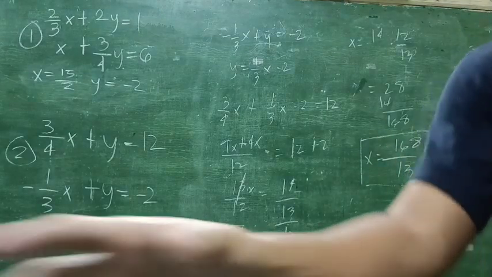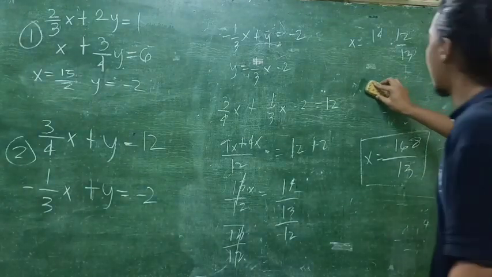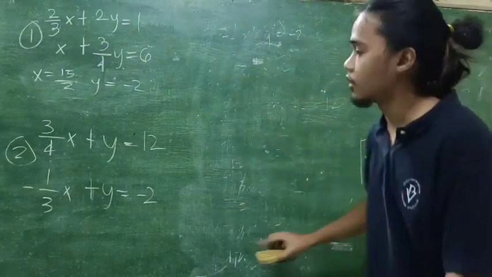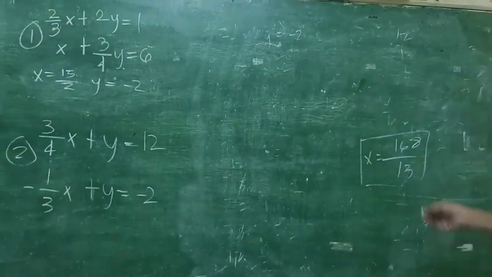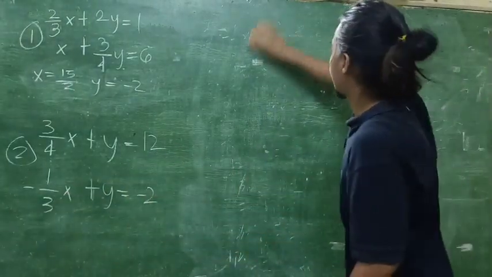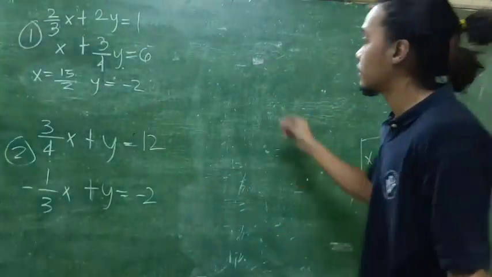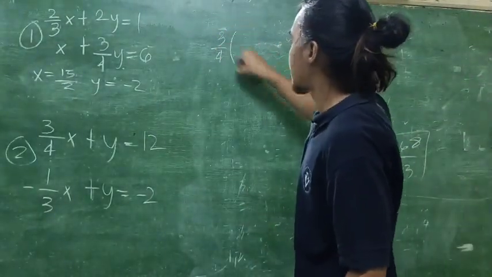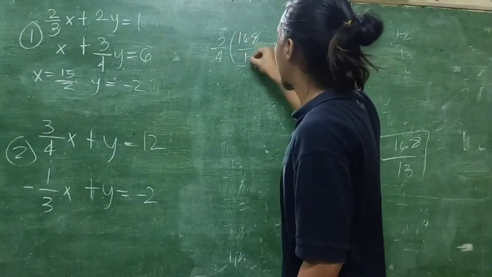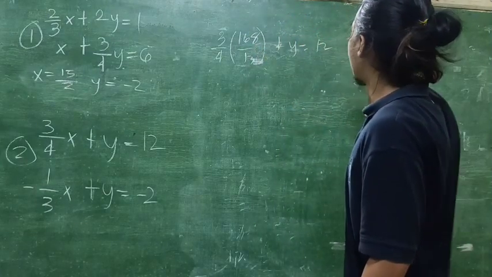Again, now that we have the value of x, we can substitute it into the equation for us to find the value of y. Okay, x is 168 over 13, so we have 3 over 4 times the value of x, which is 168 over 13, plus y is equal to 12.